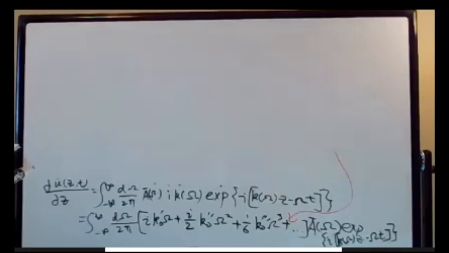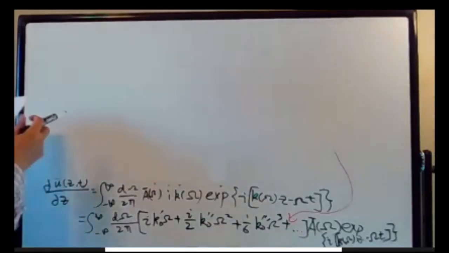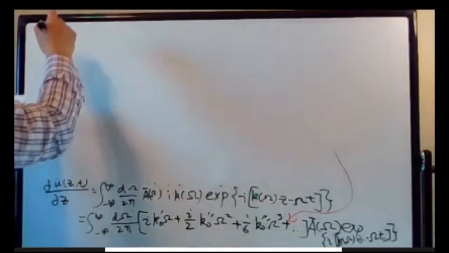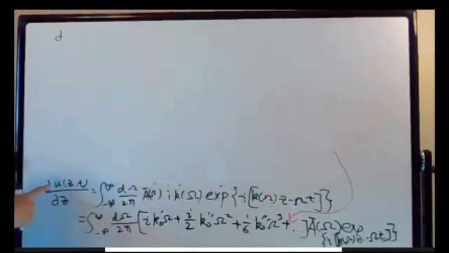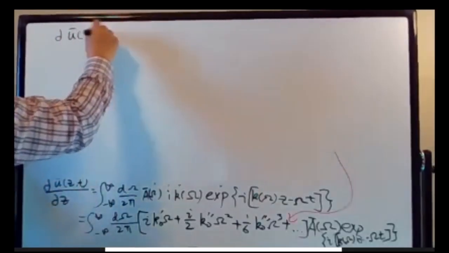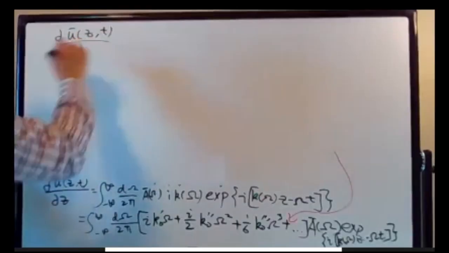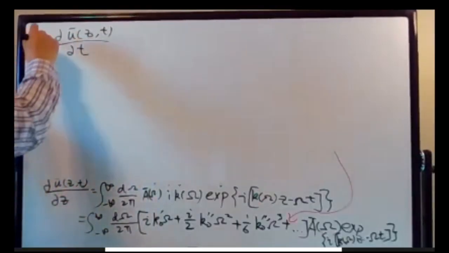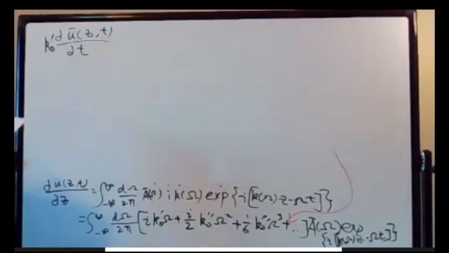Now let's take a derivative with respect to t also. Okay, so we took a derivative with respect to k, partial, we did u z t. So now let's do u z t with respect to t, and then we add k naught prime.